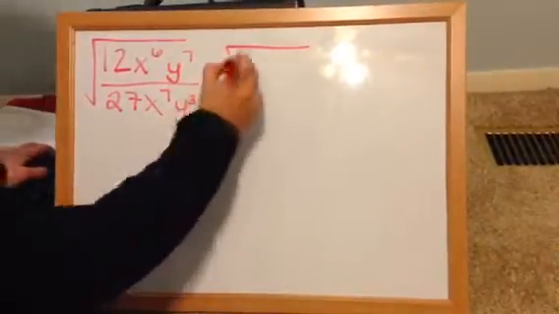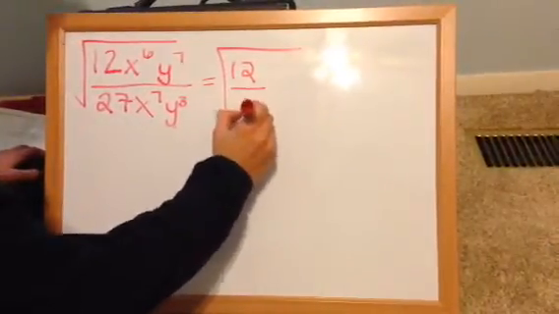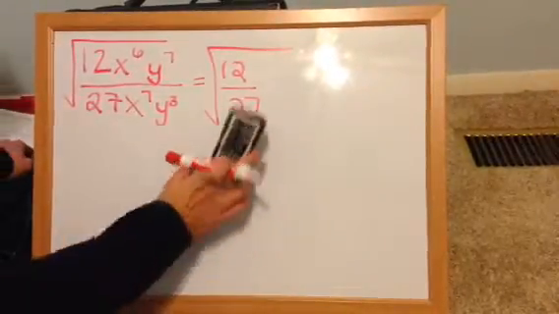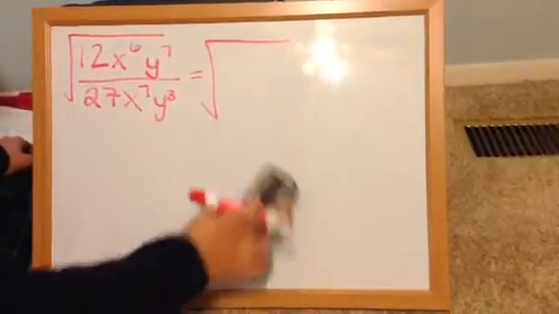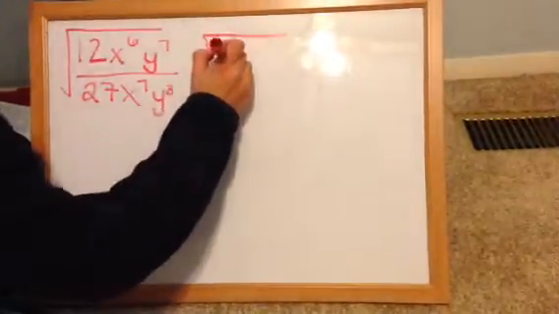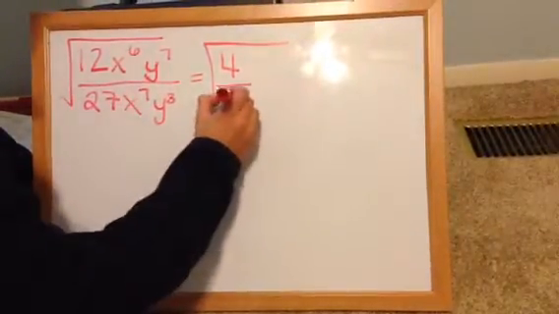12 and 27, I'm not really going to worry about that one right now. Well, I guess I could if I divide 12 and 27 both by 3. Well, let's see, 12 divided by 3 is 4, and 27 divided by 3 is 9.